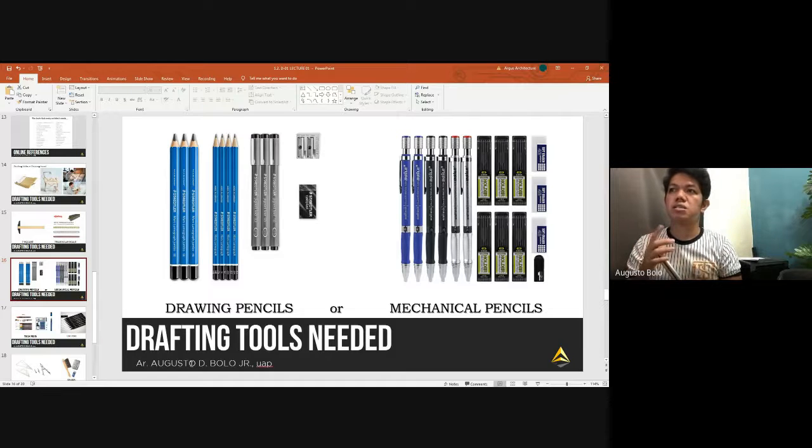Disadvantage is definitely madalas disposable. So if I will recommend, kung ako nasa kalagayan ninyo, I am a fan of the drawing pencils, yung conventional pa din. Kasi mas sturdier siya. Kung ako lang. Pero if you have, definitely, you can have either way.